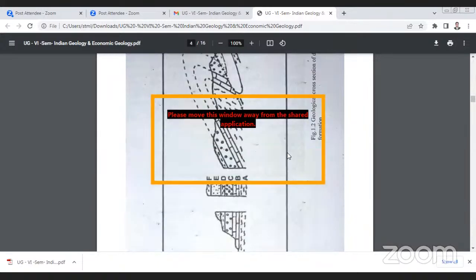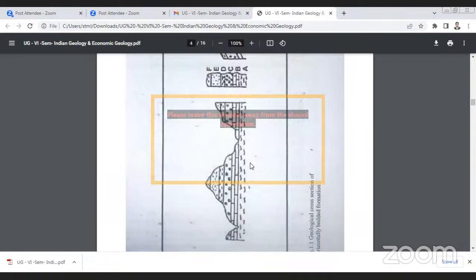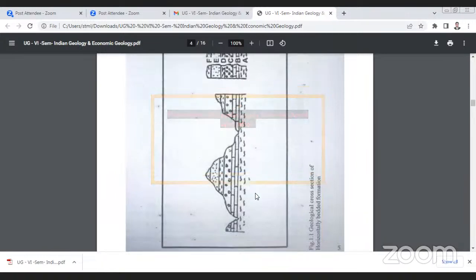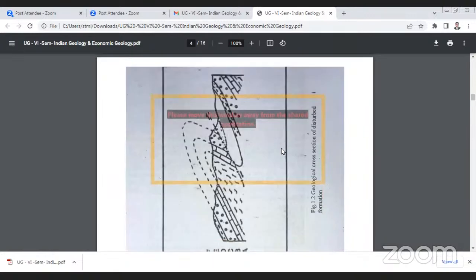Yes, you can see here figure 1.1 is showing a geological cross section of a horizontal bedded formation. Here you can see it is a horizontal arrangement of a section, a geological cross section of a disturbed formation.